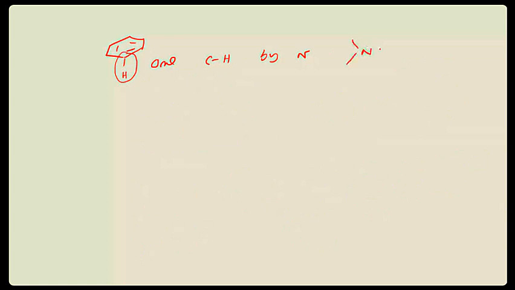Nitrogen with sp2 orbitals, with a lone pair of electrons in sp2 and a vacant p orbital. Then we'll get these things. So if we want to replace one CH bond, we have to use this. So it is pyridine.